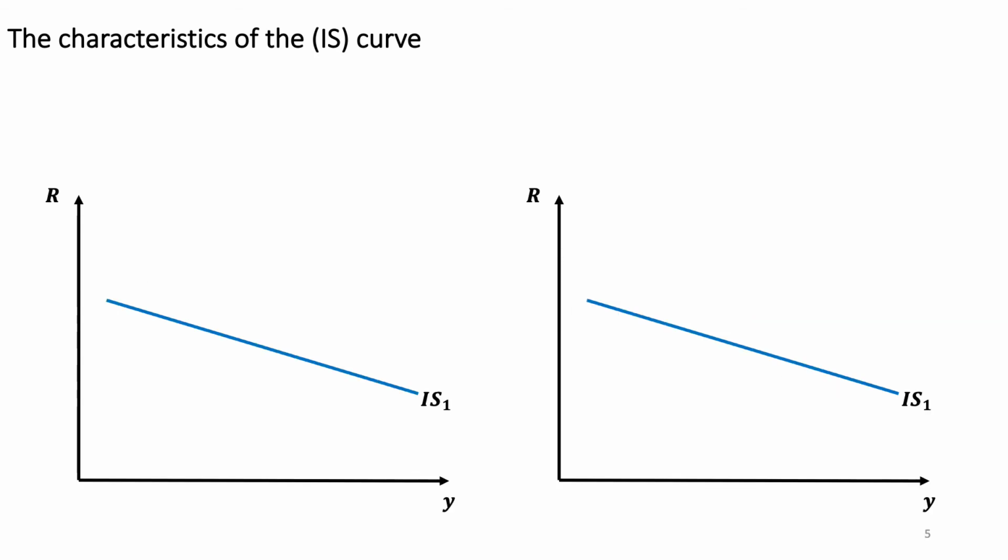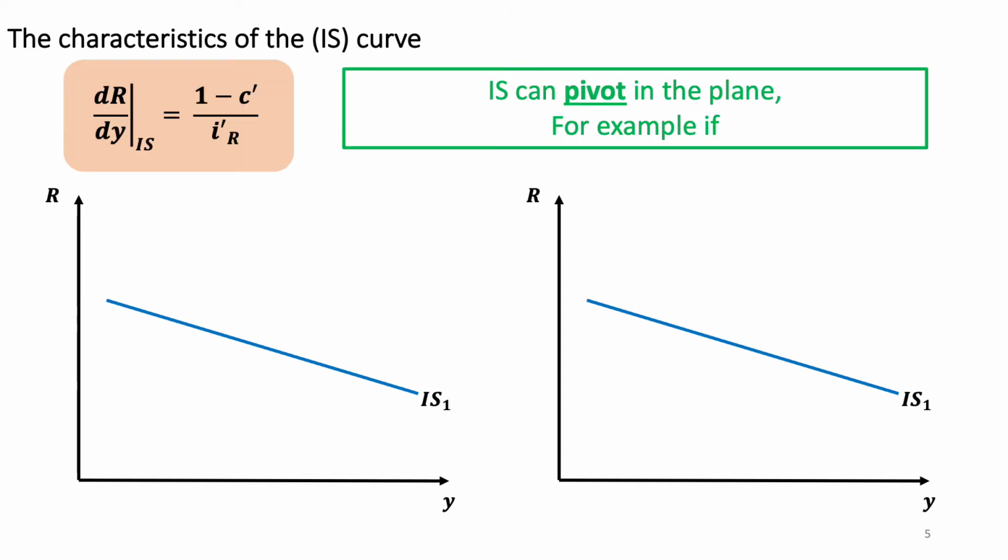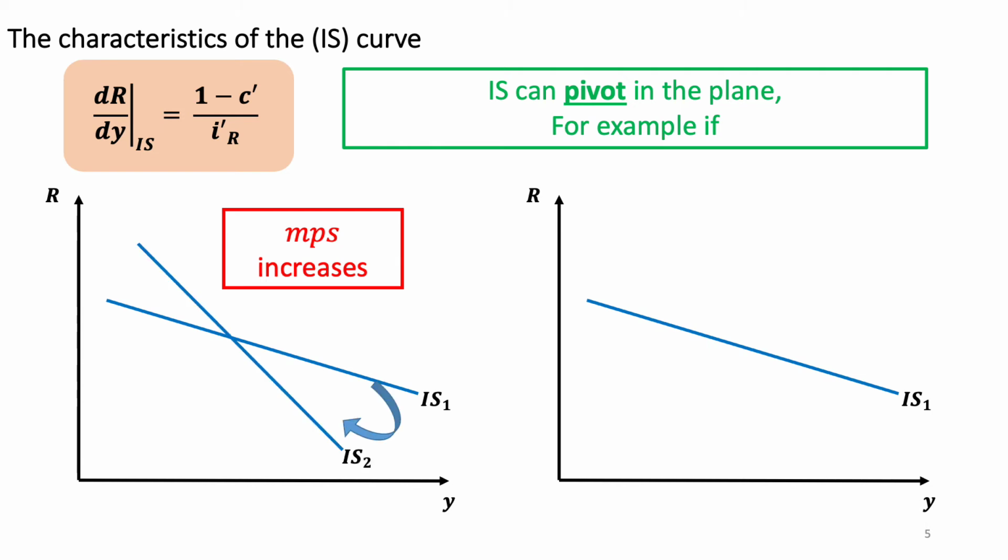The IS curve can pivot in the plane. For example, if households are pessimistic about their future and start saving a more important share of their income, in other words, if their marginal propensity to save increases, the coefficient of IS would increase and the curve would pivot to the right to become steeper.